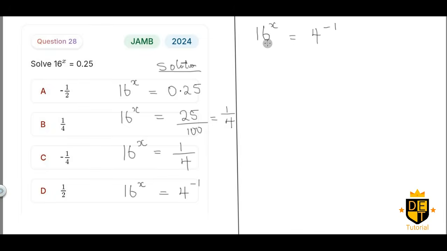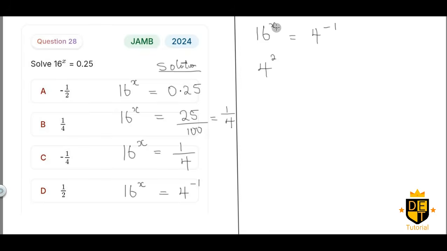I'm going to convert this 16 to an index number, written with base 4 so that it will have the same base as this number. That will be 4 raised to the power of 2. 4 raised to the power of 2 is 4 times 4, and that will give you 16.